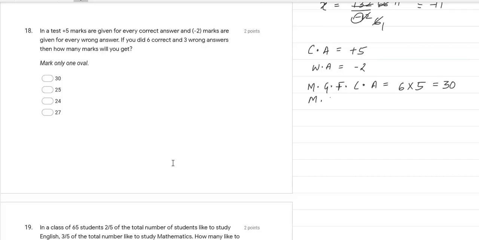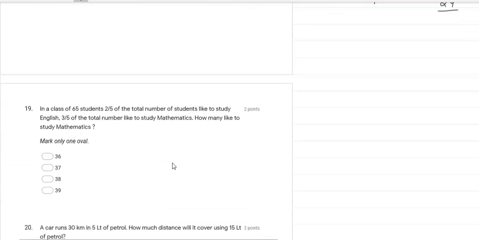Now marks given for wrong answers: how many did you do wrong? 3. So it will be minus 6. Now total marks will be the sum of positives and negatives, that is 24. Hence you have got finally 24 marks.